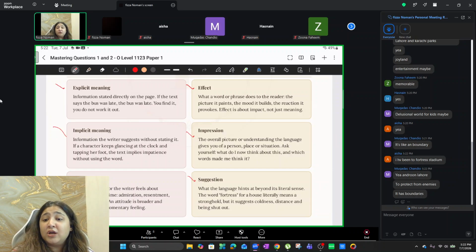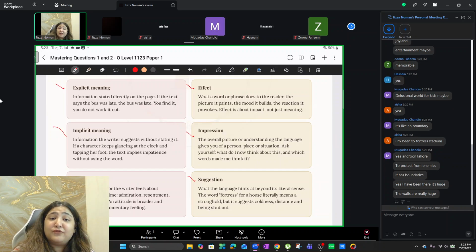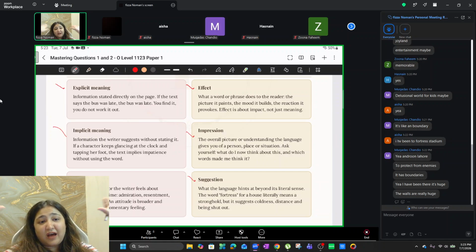It was not a royal residence, even though it was used as a royal residence by the emperors. From Akbar to Jahangir to Shah Jahan and so on, they all left a mark on the Lahore Fort, but it was not used as a palace. It was used as a fortress. So from fortress we learn it means to keep things in and to keep things out, right? Does that make sense?